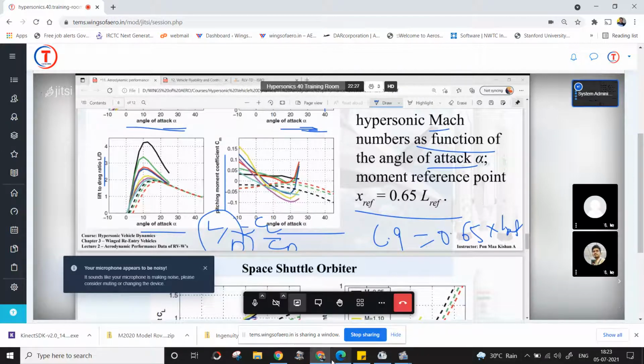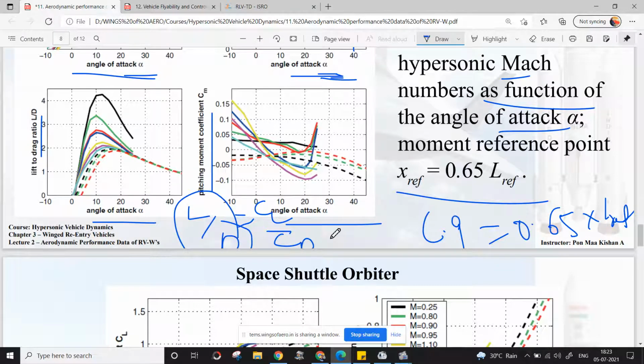When we are speaking about aircraft, we always need a better aerodynamic efficiency. But when we are speaking about re-entry vehicles with winged or non-winged configuration, we have to think about a less aerodynamically efficient vehicle. If you see the graphical data of aerodynamic performance at 40-degree angle of attack, we will have a lesser lift to drag ratio.